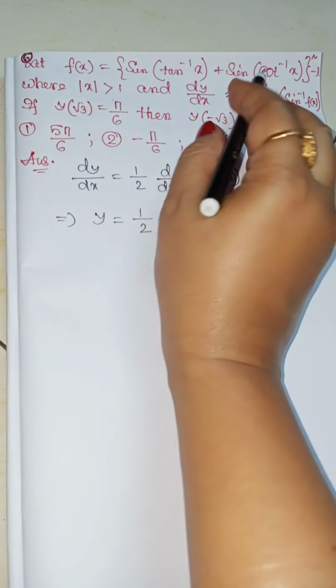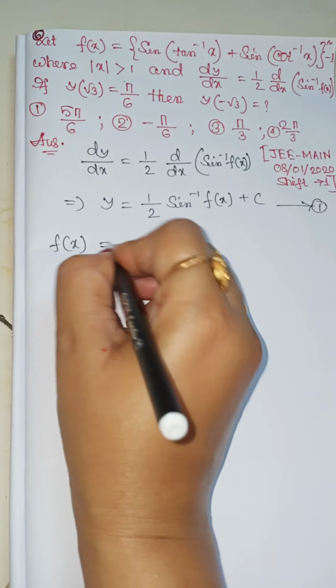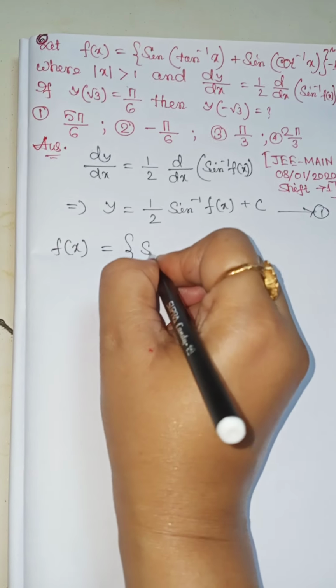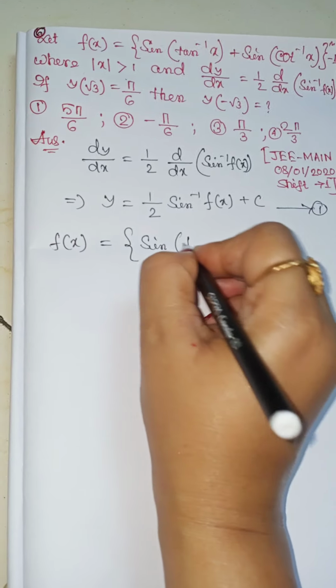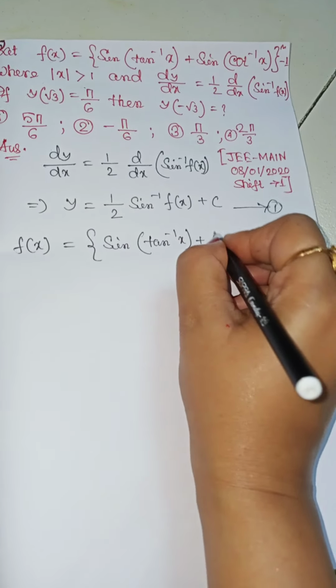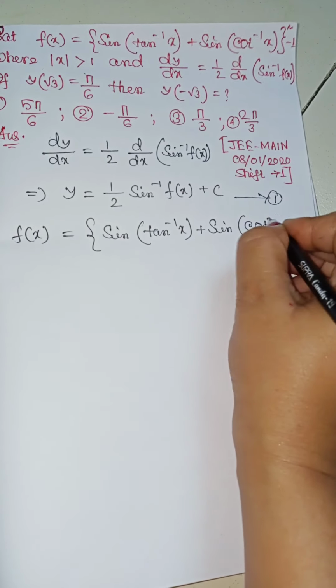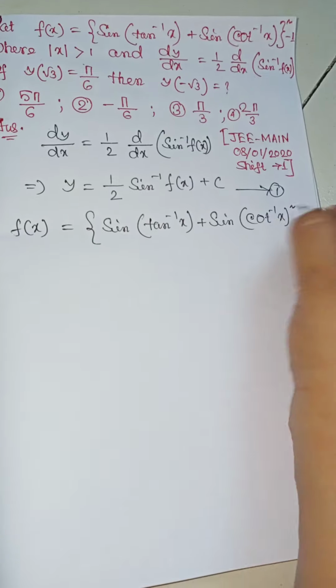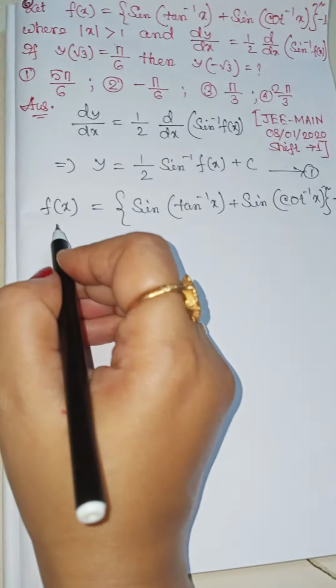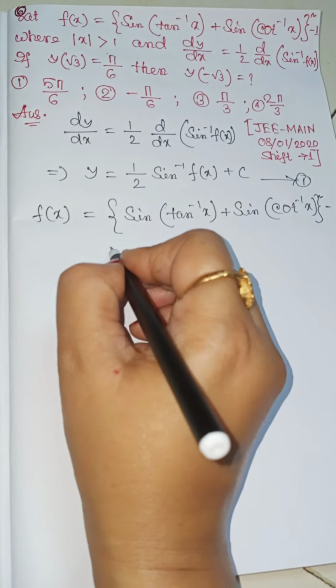Now f(x) is given as (sin(tan⁻¹x) + sin(cot⁻¹x))² − 1.